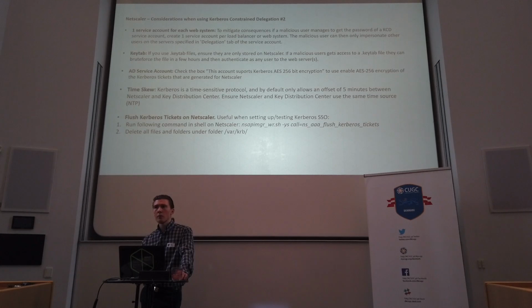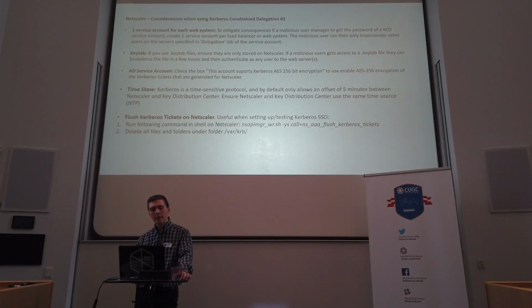Another is time skew. You have to ensure that the Netscaler and the key distribution center are running somewhat similar times. I've seen issues with the Netscalers where the NTP settings are not applying on the secondary node, and then Kerberos is completely broken on that one, so this is something to keep in mind.